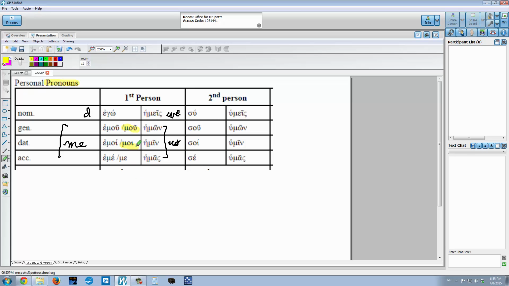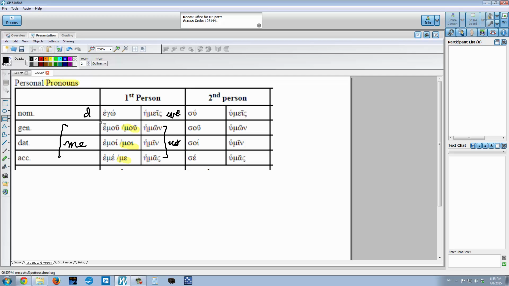You notice in the dative singular, usually you see the iota subscript, but here in the pronoun, it's beside the omicron, and you have a short vowel instead of a long one, a slight difference. And then the accusative, in English it's me also, and in Greek it's me. Now you notice there are two different forms.